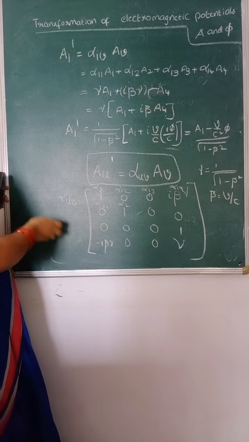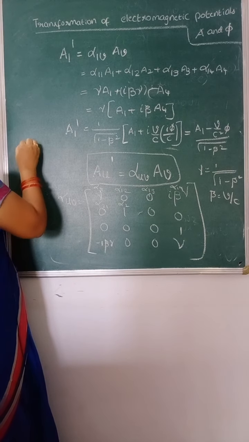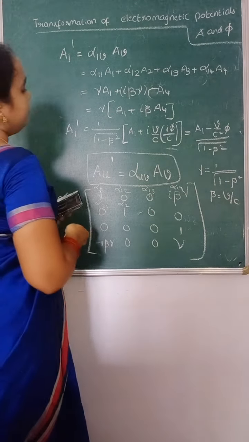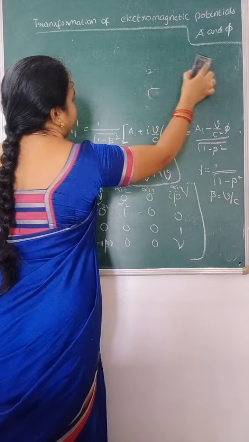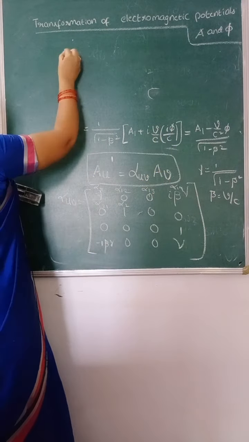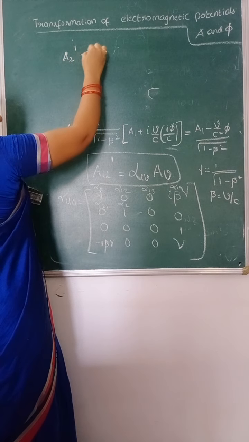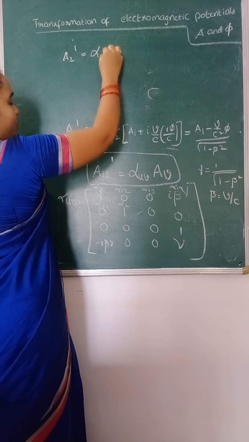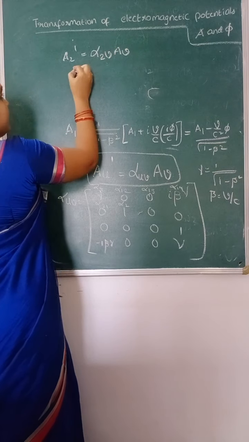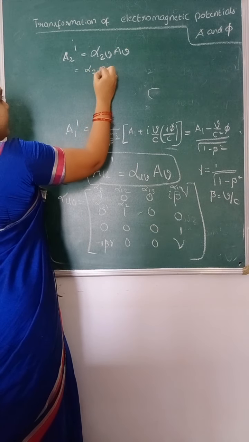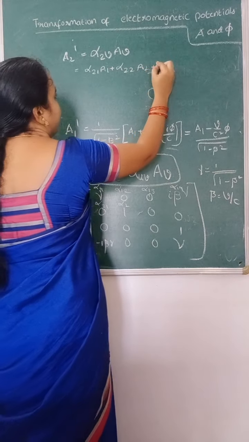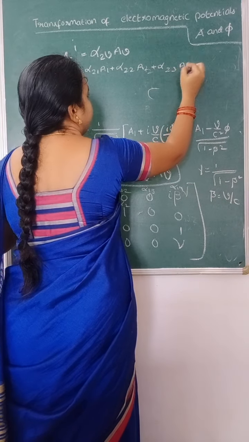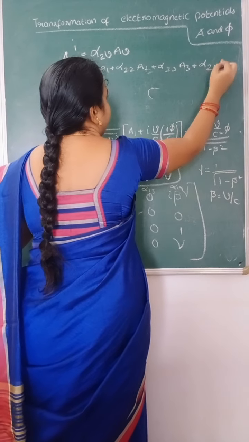Next, A2 dash. What is A2 dash? A2 dash is equal to alpha 2v into A_v. That is alpha 21 A1 plus alpha 22 A2 plus alpha 23 A3 plus alpha 24 A4.